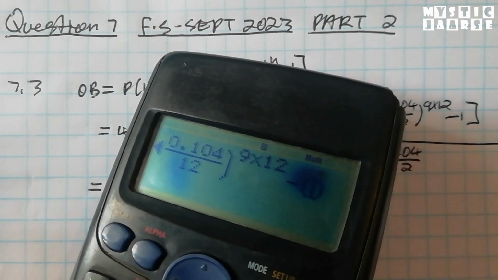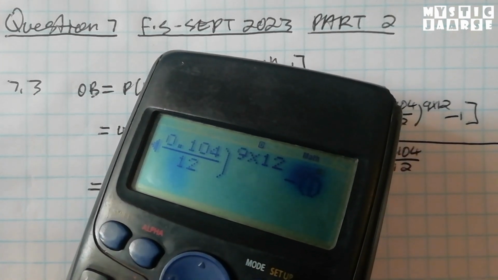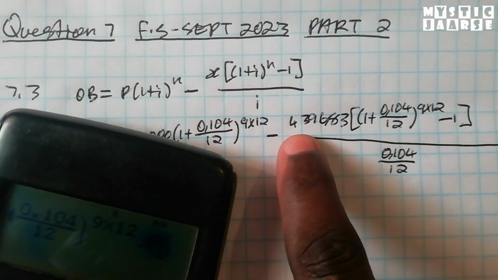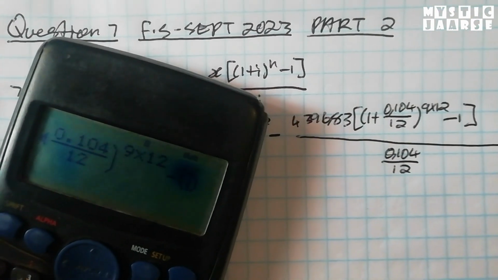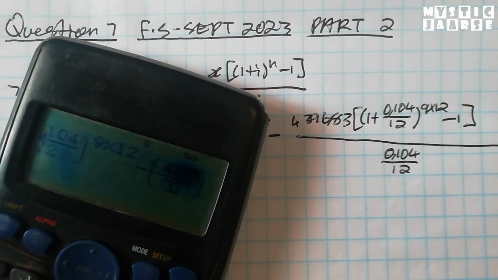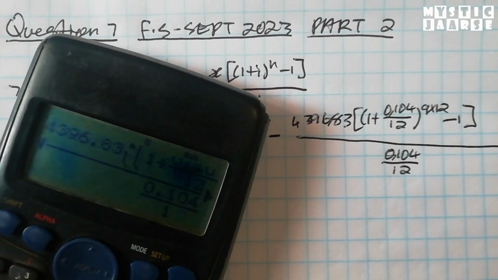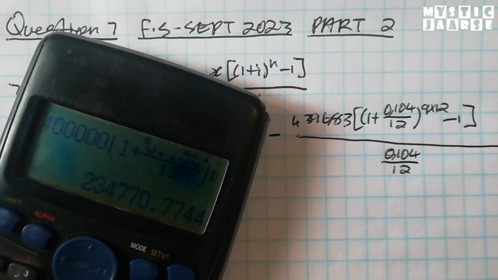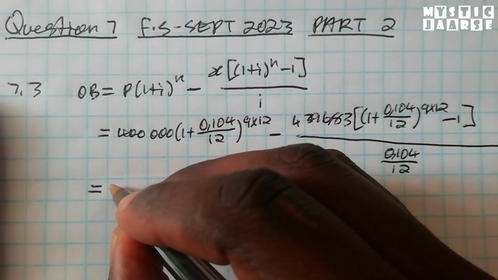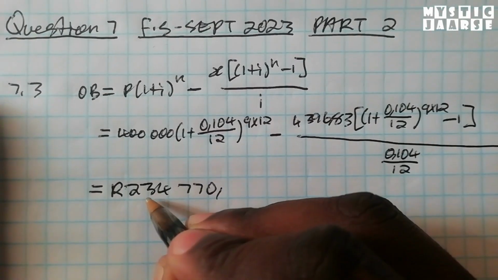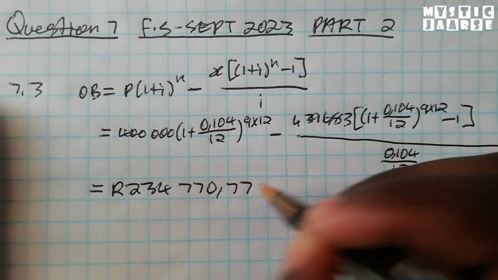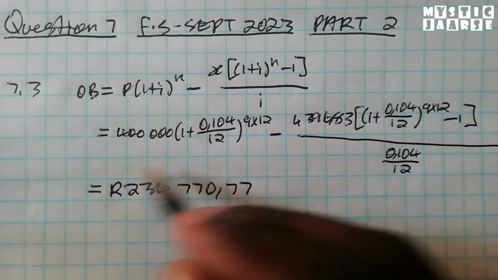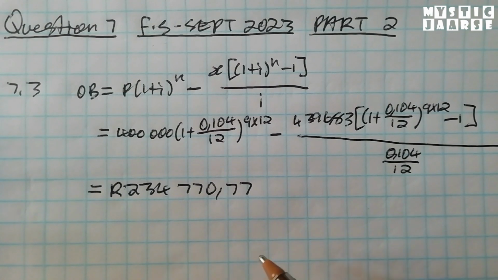I advise you to do the same when you plug this into your calculator. After 9 years, Madri will be owing 234,770 rands 77 cents.